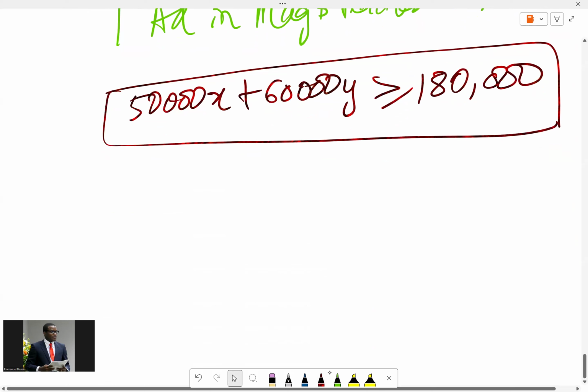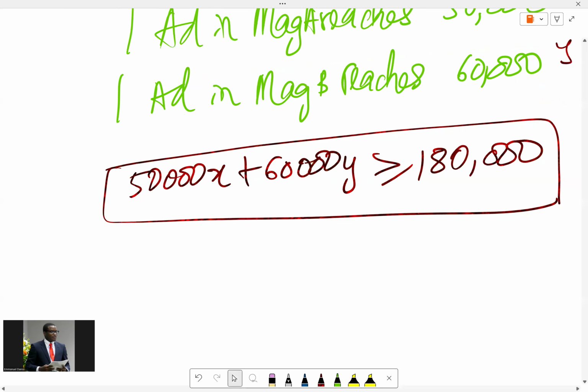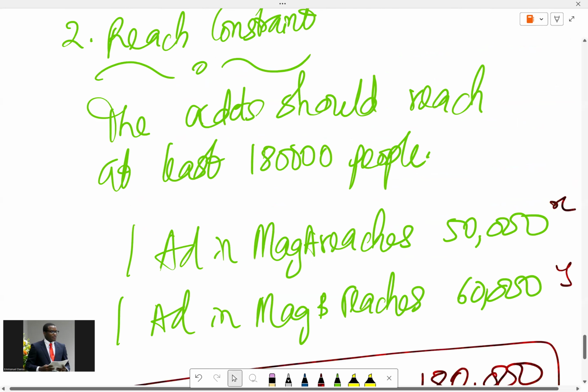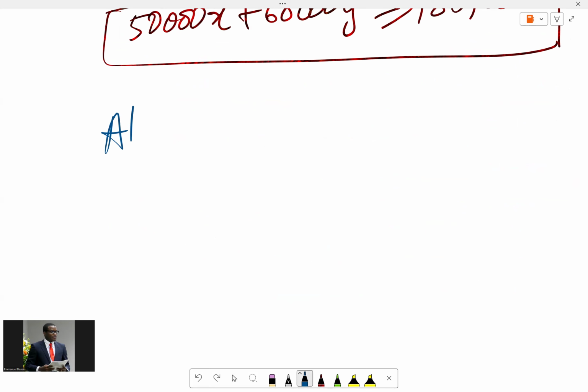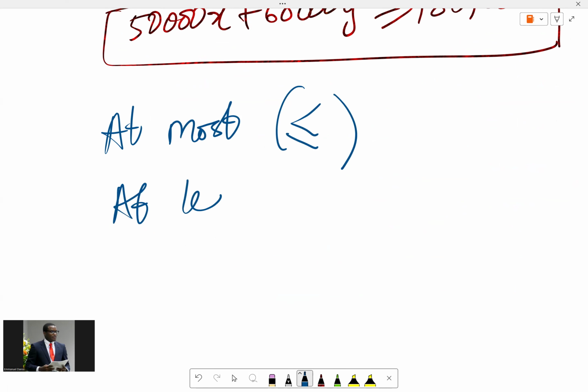Before I talk about the next one, it's important to pay attention to this idea. If you have at most, that is less than or equal to, then at least is greater than or equal to.